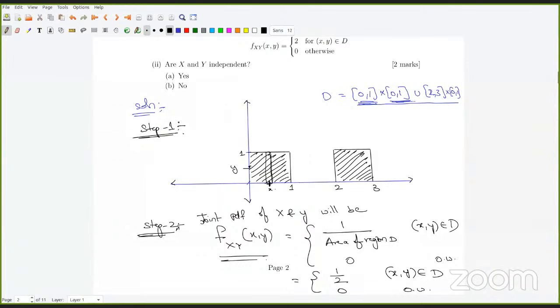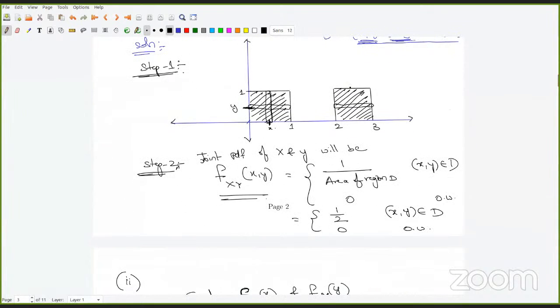Now the x limits are from 0 to 1 and also from 2 to 3. So if you randomly choose y somewhere in between 0 and 1, this is what a strip means, right? In order to find the limits, for any y in between 0 and 1, our x will vary from 0 to 1 as well as from 2 to 3. Correct?